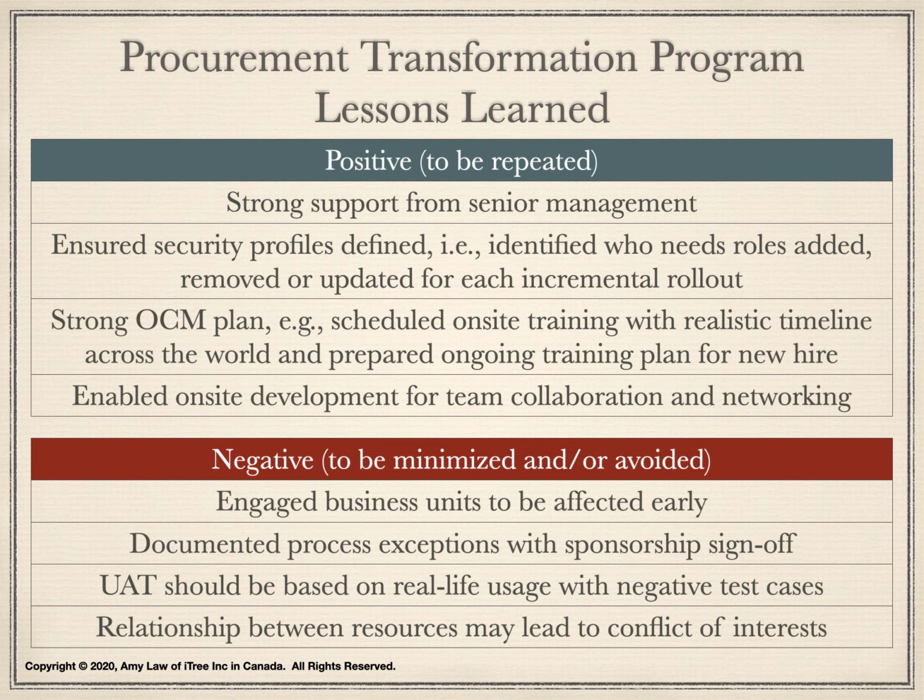Here are a number of negative findings. So this situation should be minimized and or avoided in future projects. We should have engaged the business units to be affected early. Since the procurement transformation program affected the entire company, not every business unit was able to participate in the process review within a 2-week cycle.